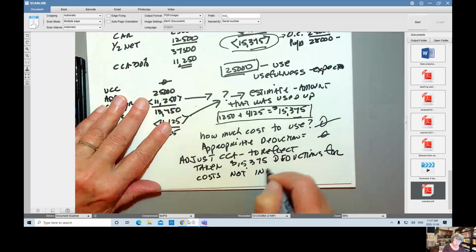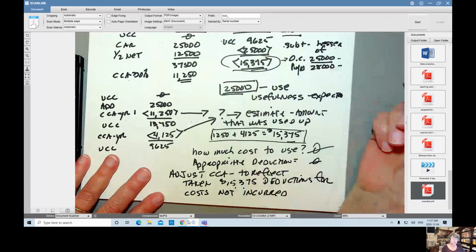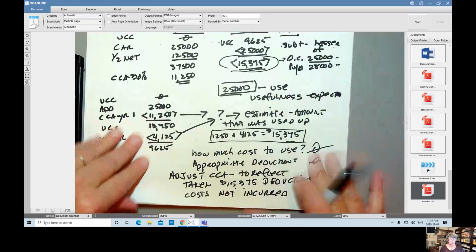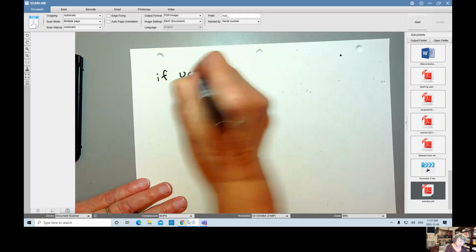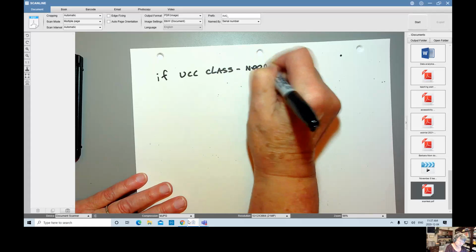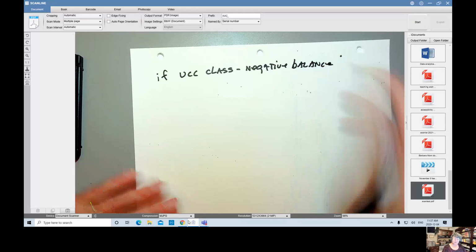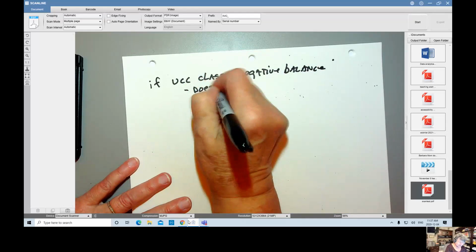It cost nothing to use that machine, to use that car. Sorry. All right. Well, the way we do that is anytime the account goes negative, we add the negative to income. So if a UCC class has a negative balance, and that can only happen if you sell something. It can't happen without a sale. Doesn't matter if there's assets in the class.